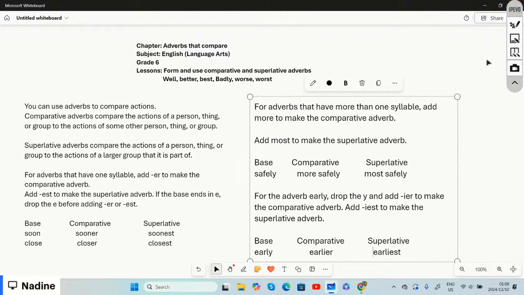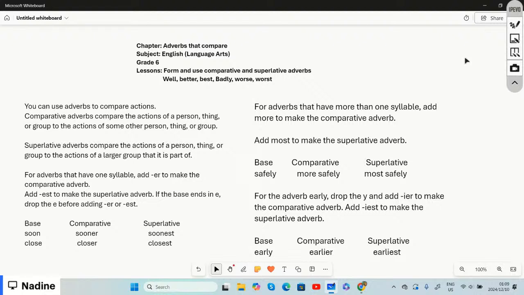So an adverb, even without the comparing part, is a word that tells us about a verb, the action, an adjective, or another adverb. It tells us the action that they do.